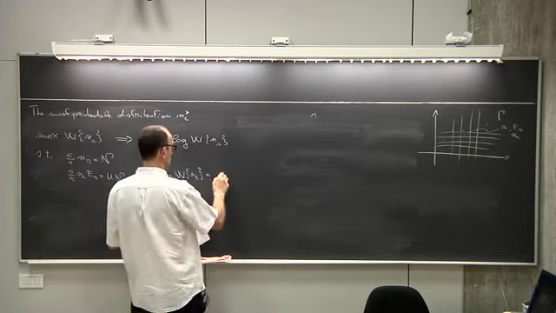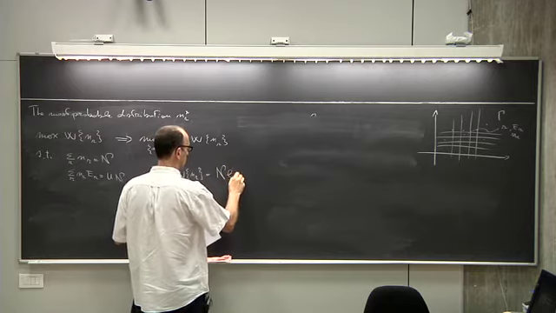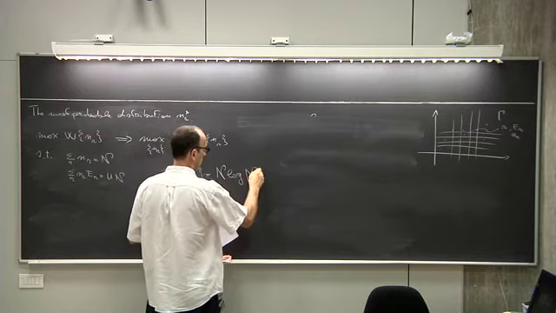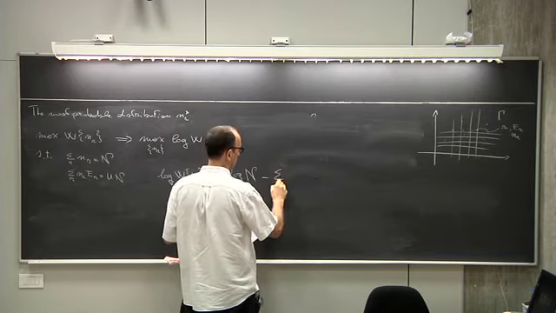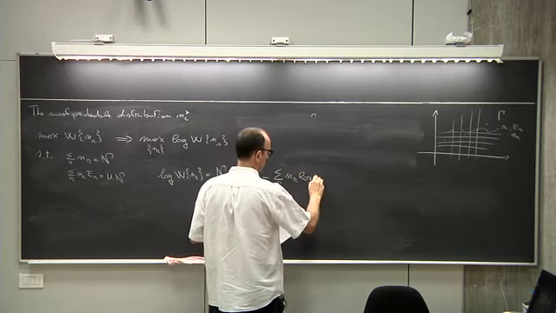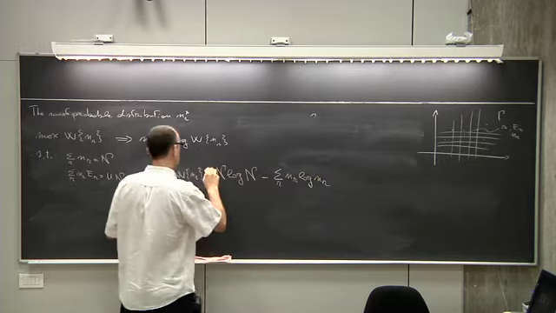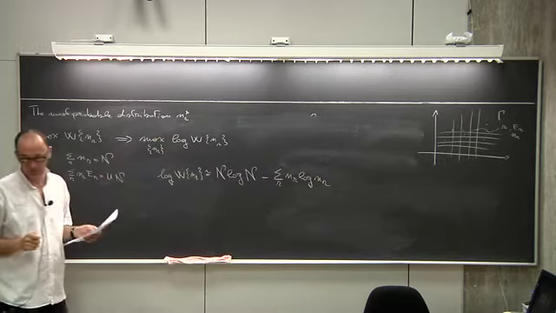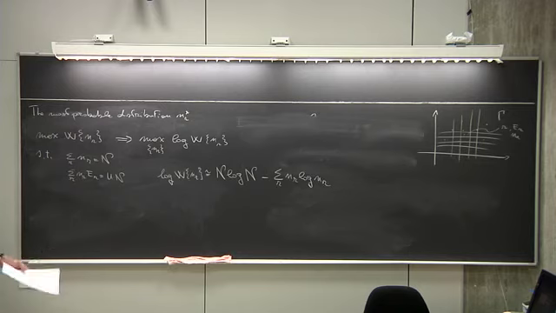I can write it as N log N minus sum over r of n of r log n of r. This is using the Stirling approximation.